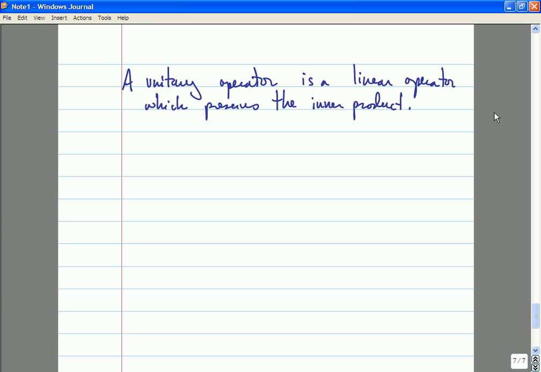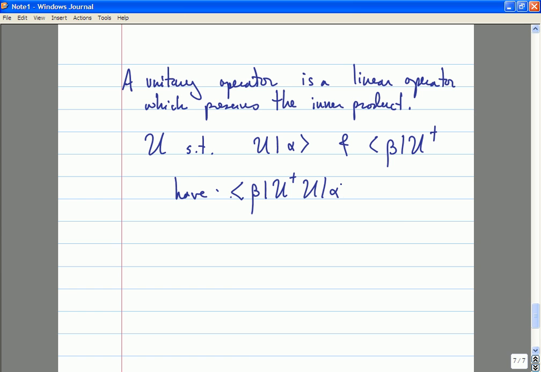So in particular, if you have some operator U, such that if you take U and act on a state alpha and then take the inner product with the state U acting on beta, or the dual of U acting on beta, which is beta times U dagger, these have an inner product which is equal to the original inner product of beta and alpha.